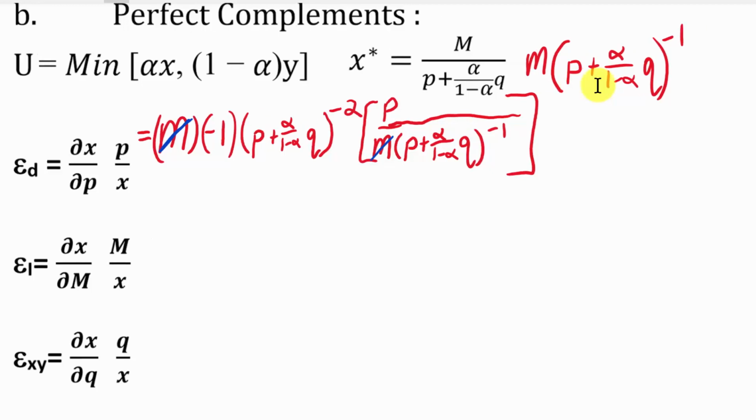And here we have this expression, p plus alpha over 1 minus alpha times q to the minus 1 power, but that's in the denominator of this fraction. So when we have something in the denominator to the minus 1, of course, that means we can put it in the numerator to the plus 1.